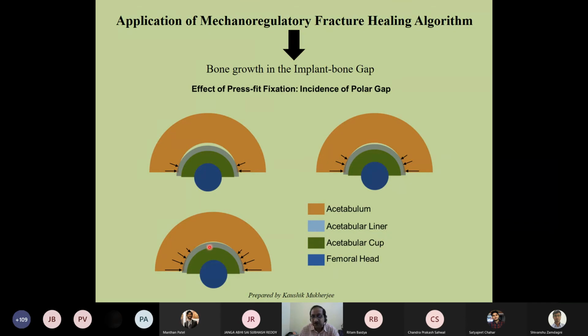Whatever you do, you have to fit this acetabular implant into the acetabular cavity, which is already reamed to fit the implant. And if you are using an uncemented acetabular implant, which is mostly the case, you generally press fit it. The press fitting relies on peripheral fit, as you can see here, leaving a gap at the polar side.